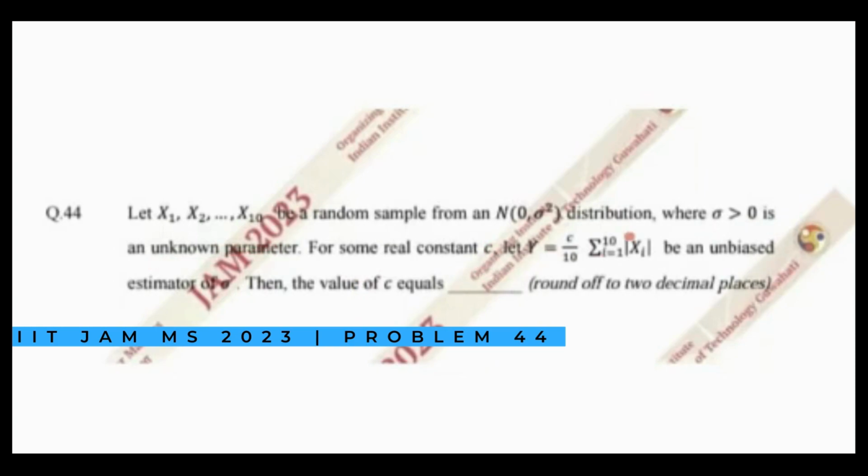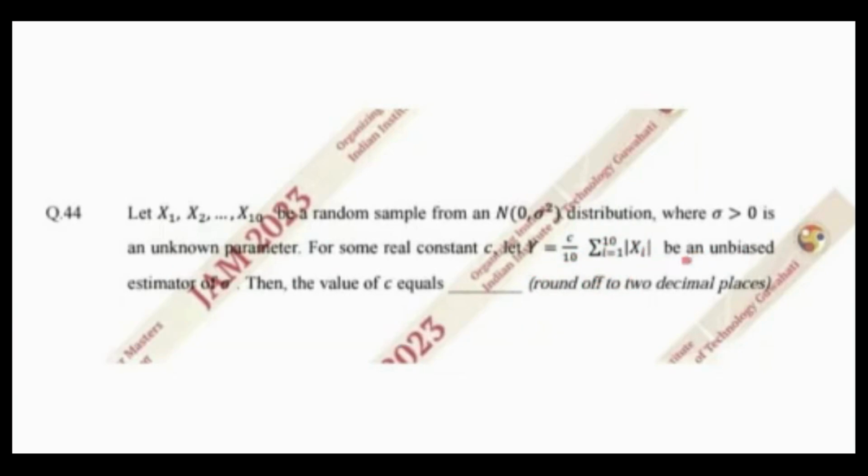Now we have defined another random variable Y, which is equal to c by 10 times the summation i running from 1 to 10 of mod of Xi, where c is a real constant, and Y is assumed to be an unbiased estimator of sigma. Then we need to calculate the value of c such that Y becomes an unbiased estimator of sigma. Let us proceed to the solution part.